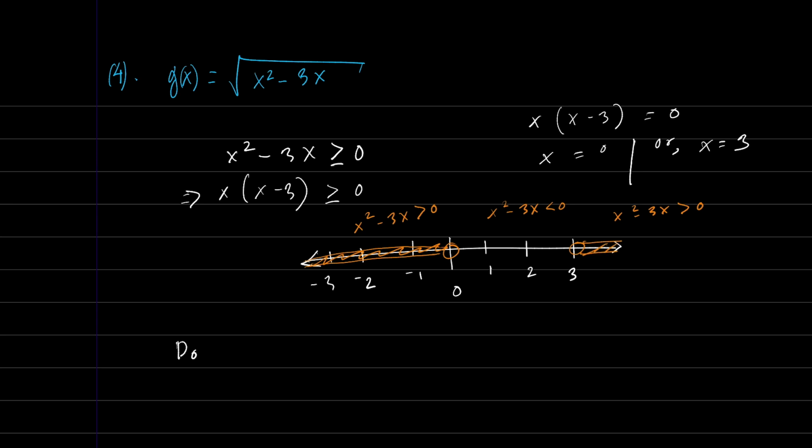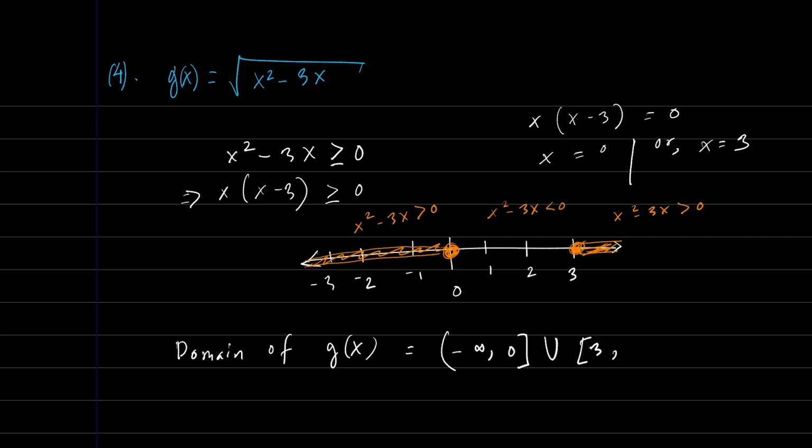So the domain of g of x is minus infinity to 0. 0 can be included because if we put in g of 0, this gives 0. So 0 is included. What about 3? If we put in 3, 3 square is 9, 9 minus 9 is 0, also included.